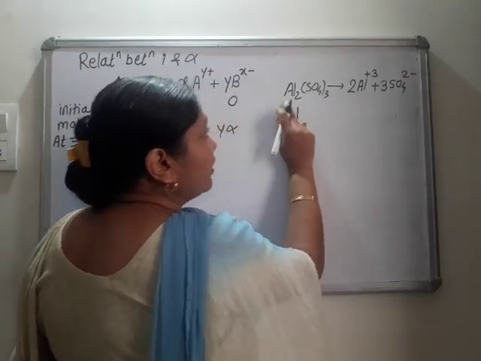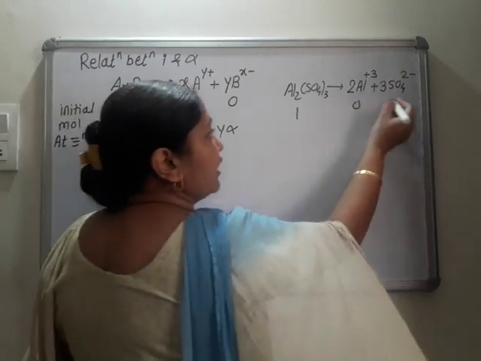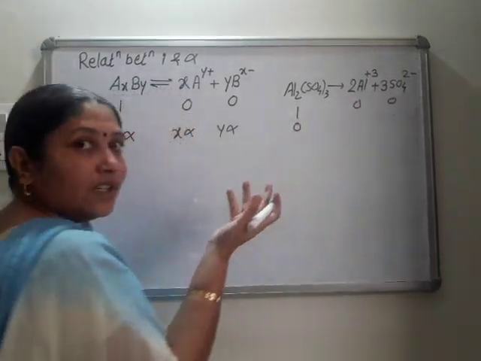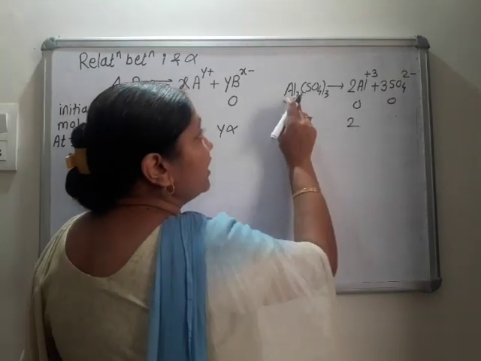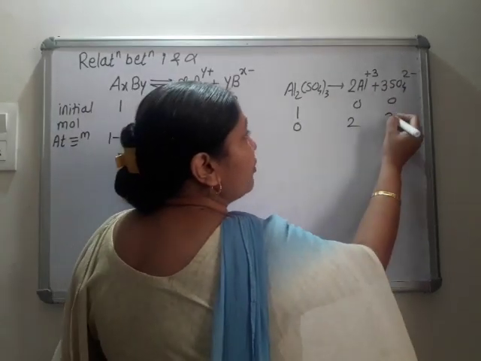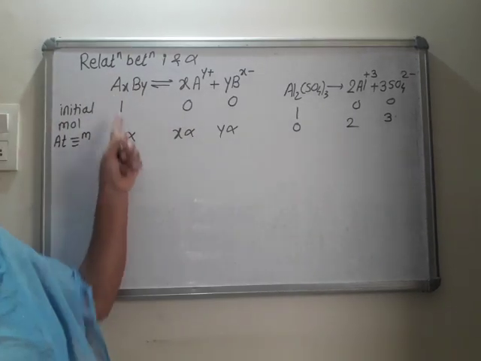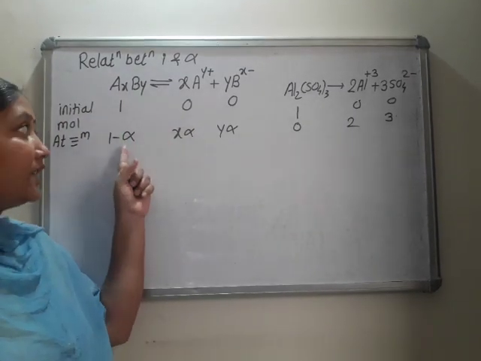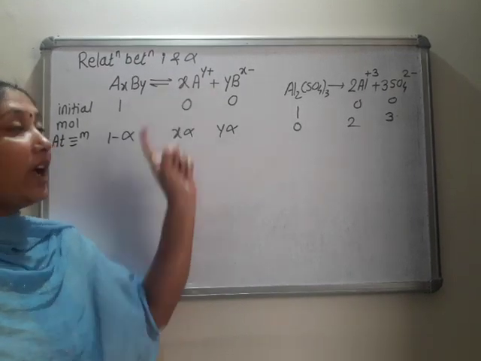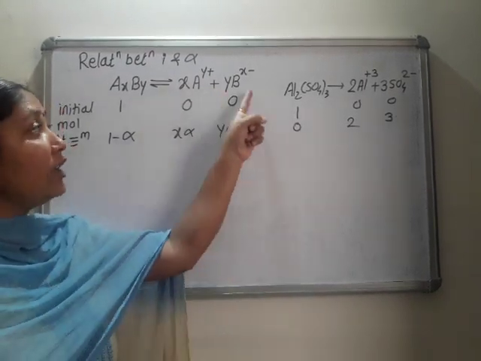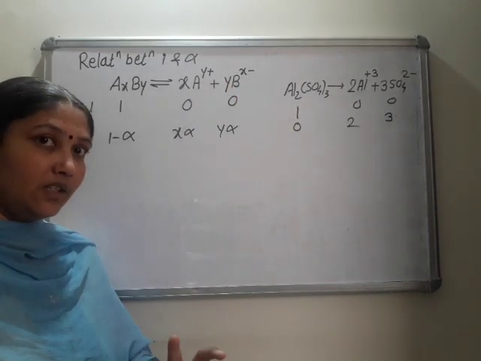It means if we take 1 mole of Al2(SO4)3 and it is dissociated completely, meaning it doesn't remain in the solution, how many Al3+ ions are obtained? 2. And how many SO4 2- ions are obtained? 3. So if alpha is dissociated, we get X times alpha of A^(Y+) and Y times alpha of B^(X-). Is this clear?